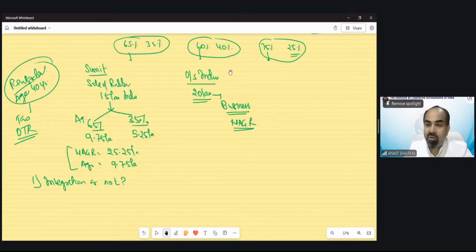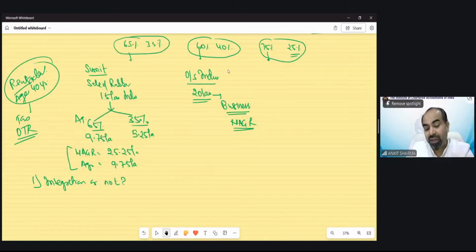Anil is saying we have to test agriculture. The information has been given, Anil. You have to just tell whether the integration concept is applicable or not. For the purpose of integration, your agriculture income should exceed 5,000 rupees and your non-agricultural income should exceed the basic exemption limit. In this example, he is an individual.